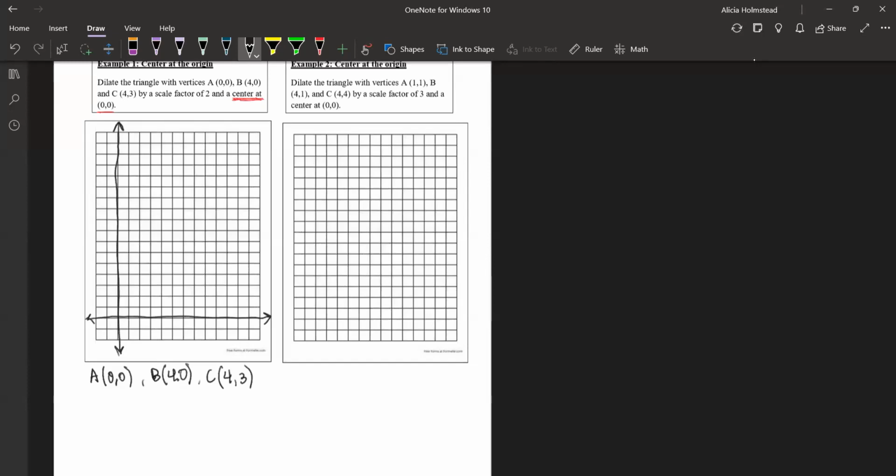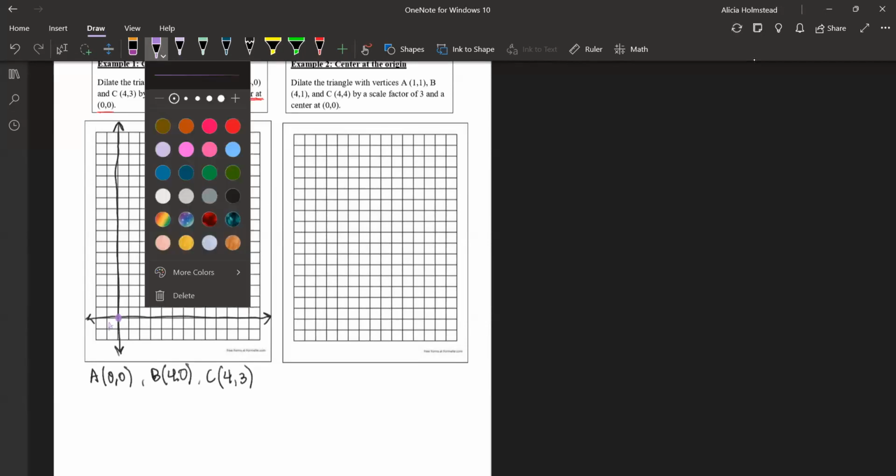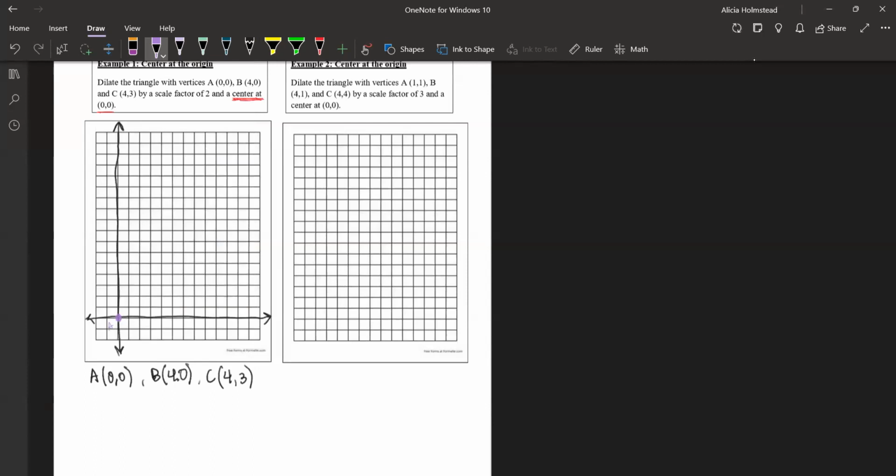And then let's put those points. Our A coordinate is right here at the origin, which is 0, 0. So this is A. I'm going to make that a little bit bigger because I think it might be hard to see. B is at 4, 0. 1, 2, 4, 0. This is B. And then C is going to be at 4, 1, 2, 3. So up here.